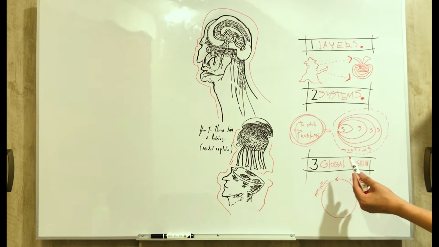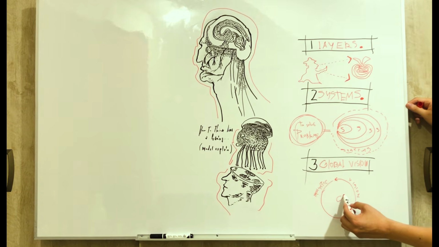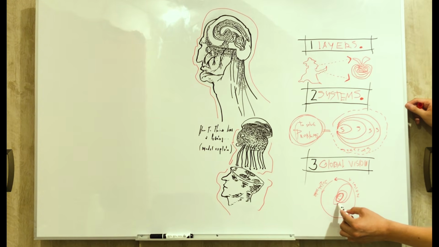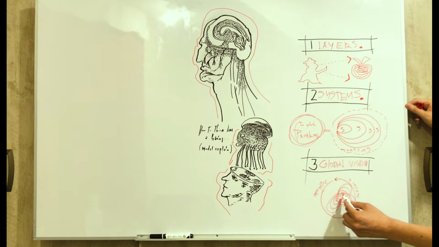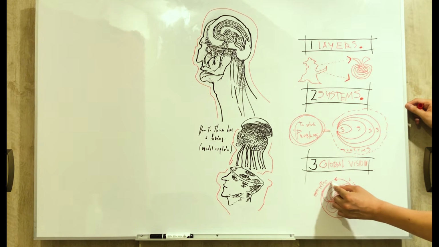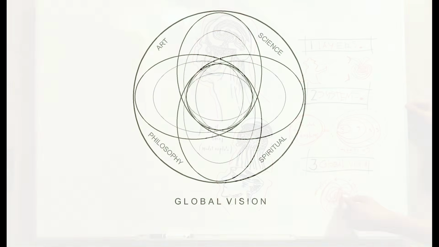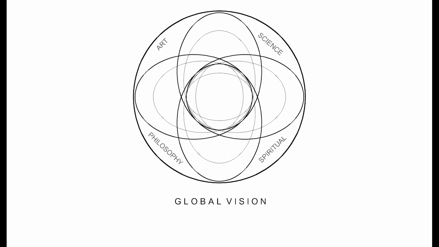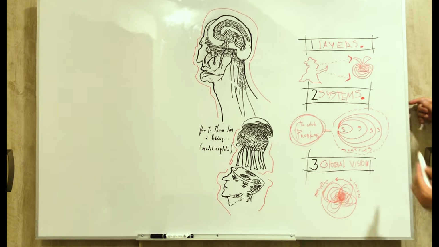Because most people know how to solve one problem perhaps in different systems, but we need to recognize and understand there are different systems or different perspectives to solve one problem. So in the way we can understand there are different disciplines to solve one problem, we can practice the global vision.